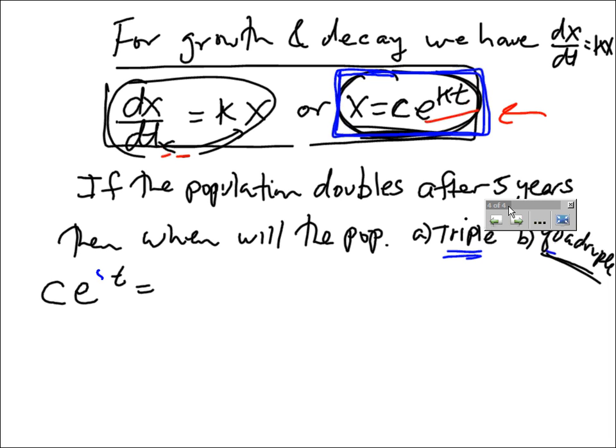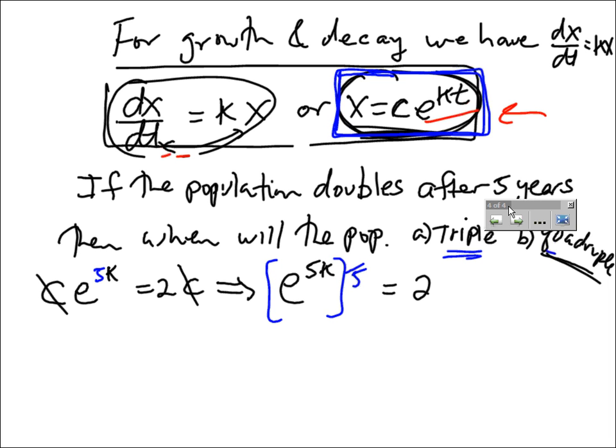We know when we plug in 5 for t, we're supposed to get 2c, the c's cancel. This tells me that e to the 5k, like I said, is 2. Now, if I raise this to the, well, I don't want the 5, but I do want a t.